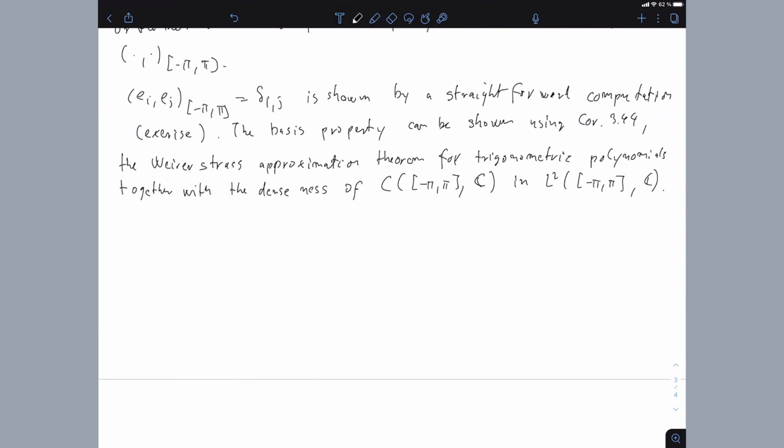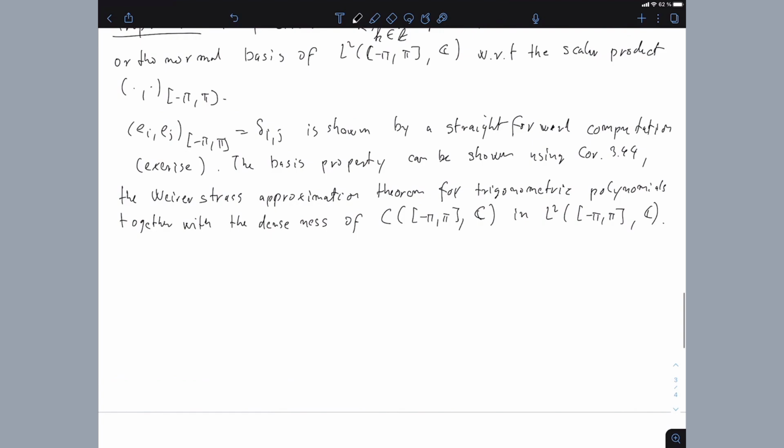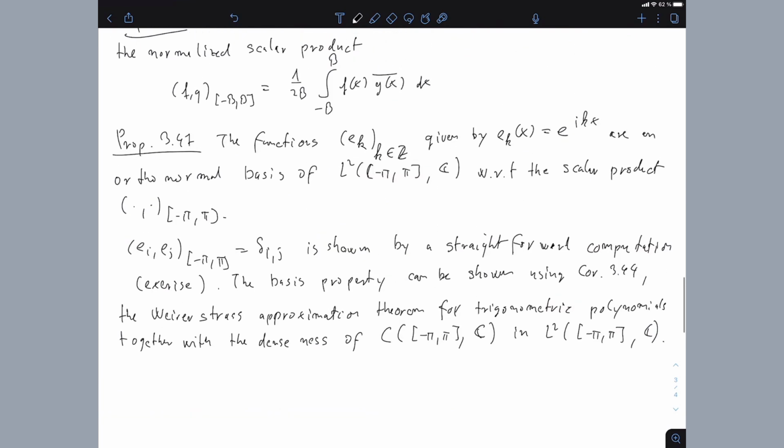Good. And one thing to note here is that I'm indexing these over the integer numbers, so all positive and negative integers.